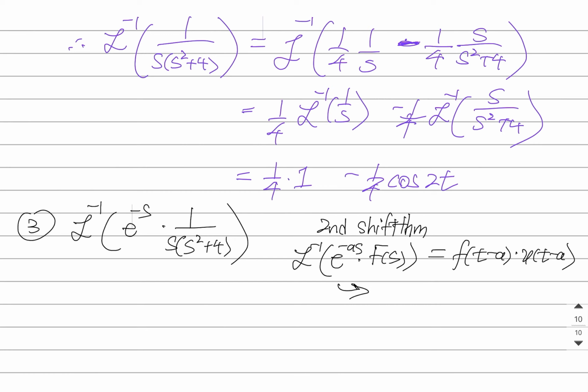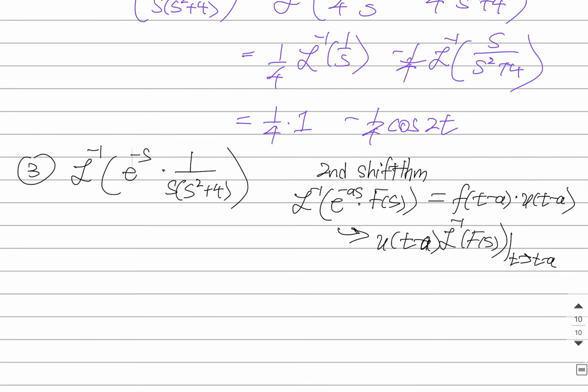I'm going to have a unit step of t minus a, in this case, times the inverse Laplace transform of my function, and then I'm going to shift the t into t minus a.